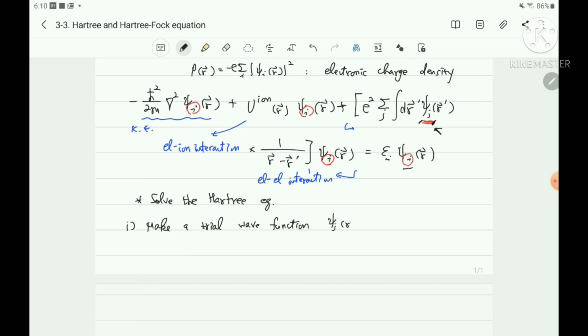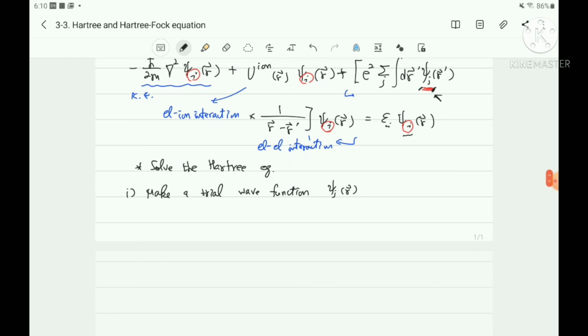Psi j. Actually, we do not know that wave function, but we roughly assume a trial wave function and substitute it for psi j. Then we can solve this Schrödinger equation, otherwise called the Hartree equation.